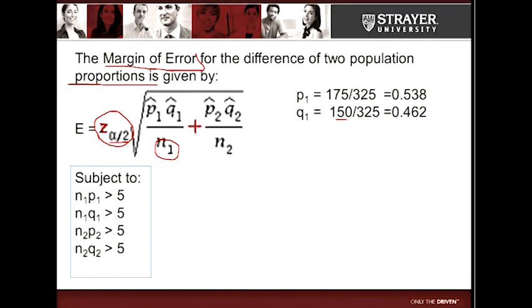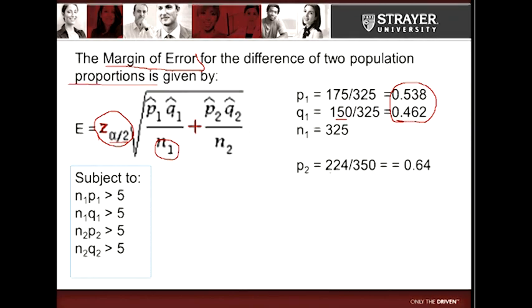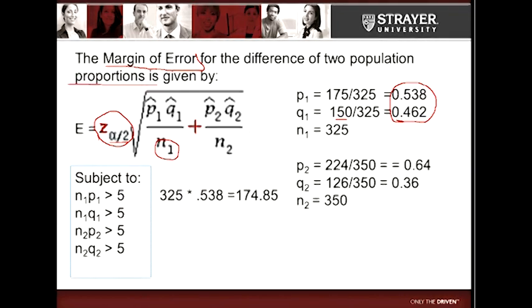The 175 from 325 is 150. Also in the decimals, these two numbers should add up to 1. So 1 minus 0.538 is 0.462. And the first sample was 325. And then P2 was 224 over 350. Q2 is 1 minus that value, which is 0.36. And N2 was 350.